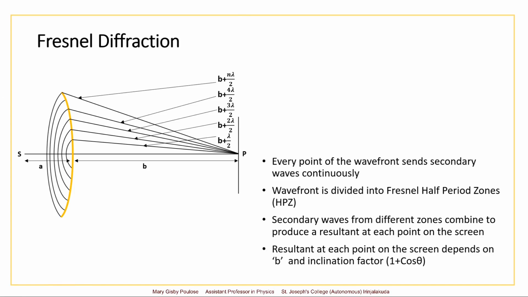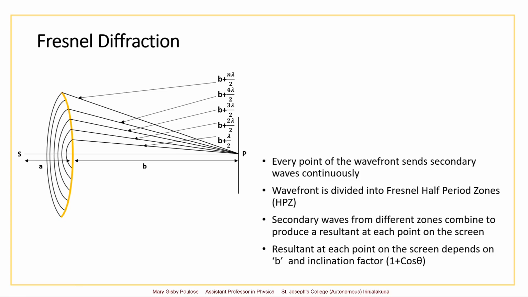Now, these zones are called half period zones because the period in these zones will be having a phase of pi by 2. Now, if we take the initial phase at the center to be 0, the phase at this point b plus lambda by 2 will be, it has a path difference of lambda by 2.